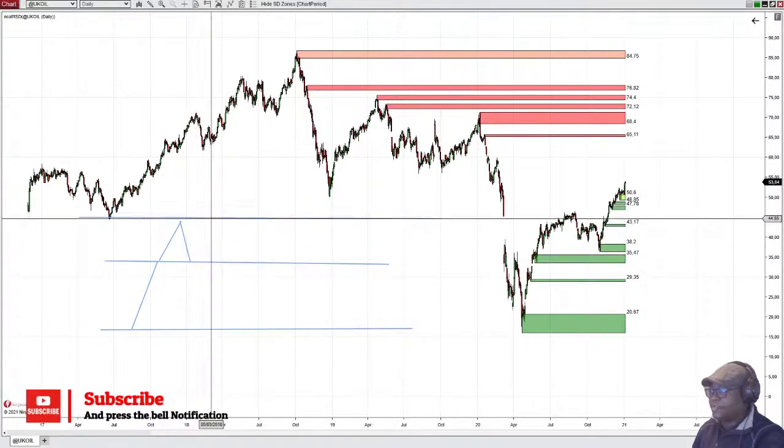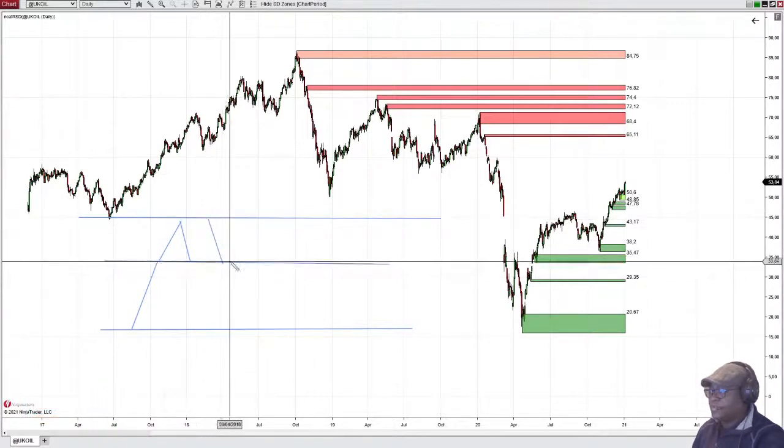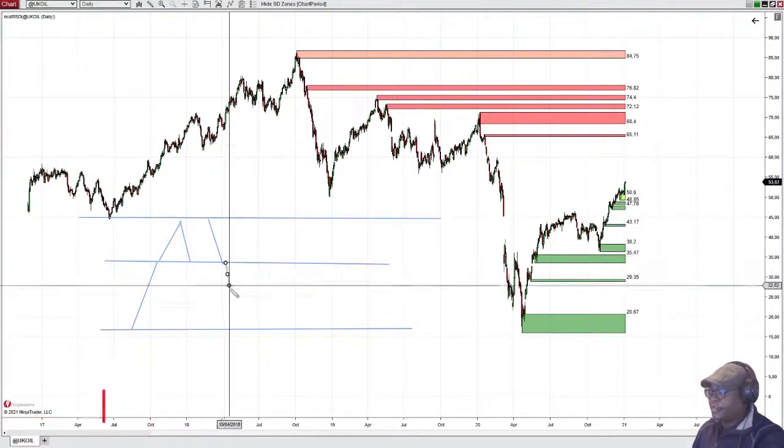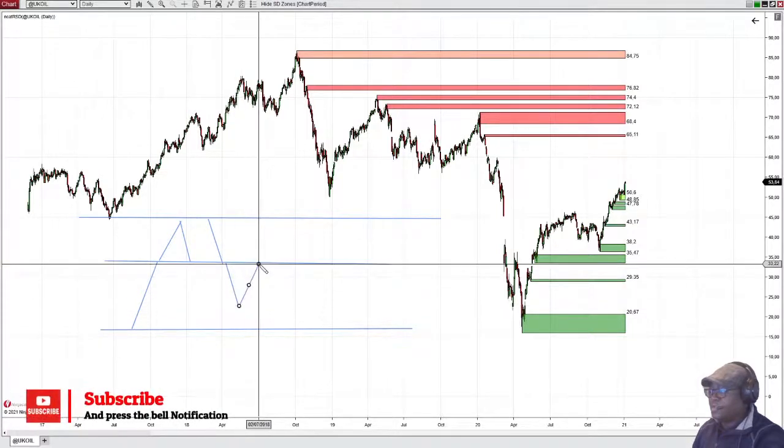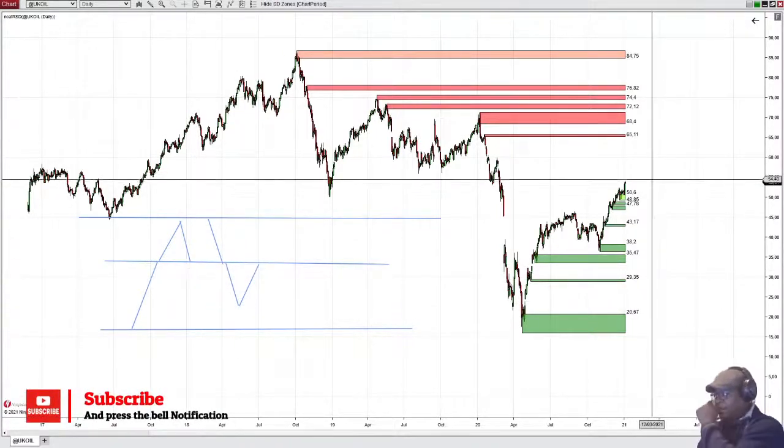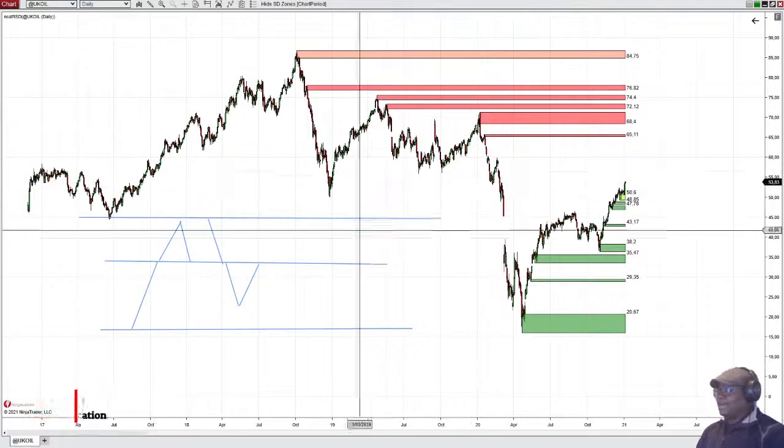That's what's going to happen. This is support, and if you break it and come down, then it will become resistance. So that's what I'm looking at on this daily here.